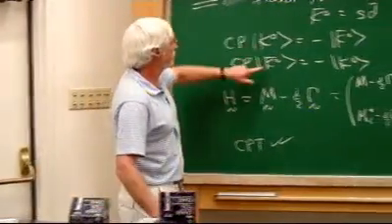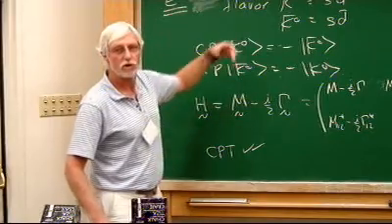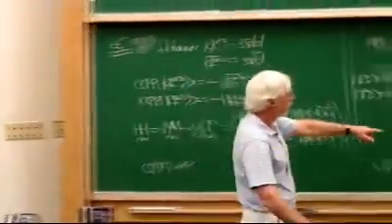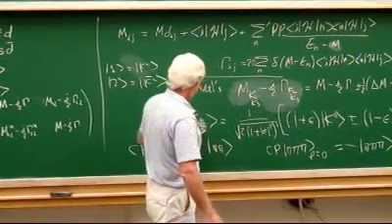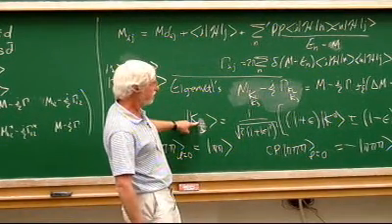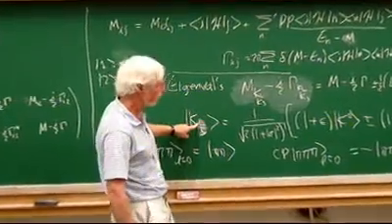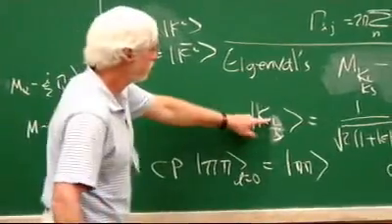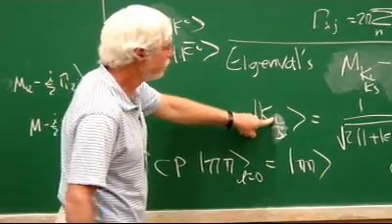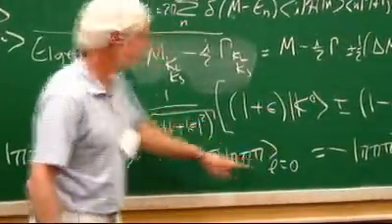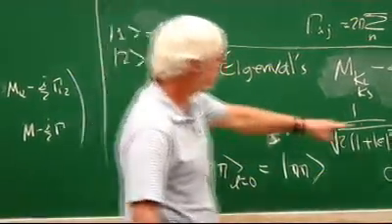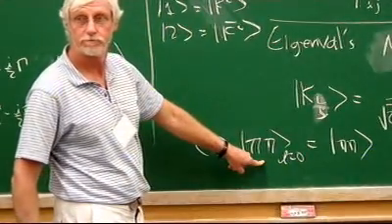If you take the sum of these things, as they both change sign, the sum is odd under parity. The difference is even under parity. Sorry. So this is correct. So if epsilon is 0, the upper one, K long, would be an odd state. So CP on K long is minus K long, which tells you that it could only decay into 3 pions. Whereas K short, which is even, the difference of K0 and K0 bar, could only decay into 2 pions. Right?